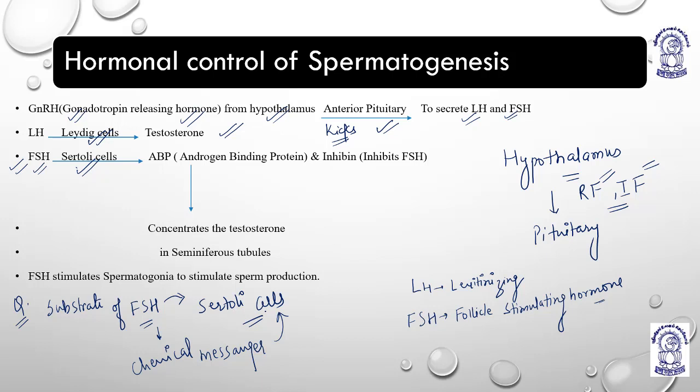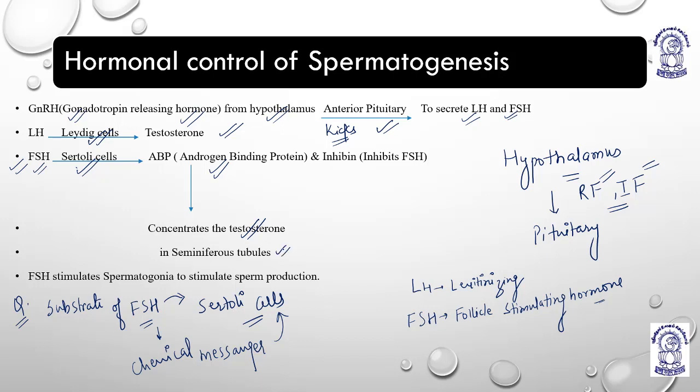Okay, so Sertoli cells secrete or activate the androgen binding proteins, and these androgen binding proteins bind more and more testosterone, so that they can increase the levels of testosterone in seminiferous tubules.